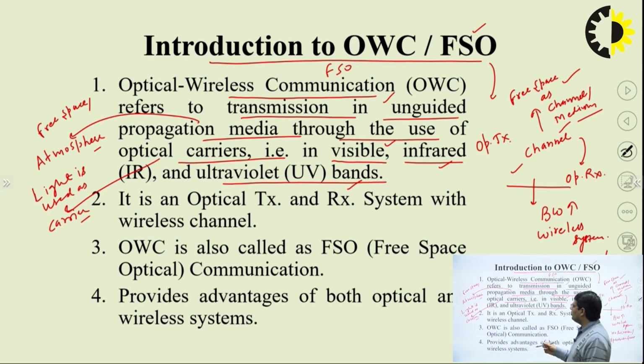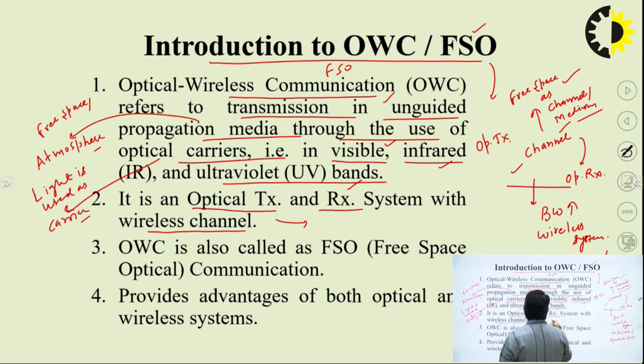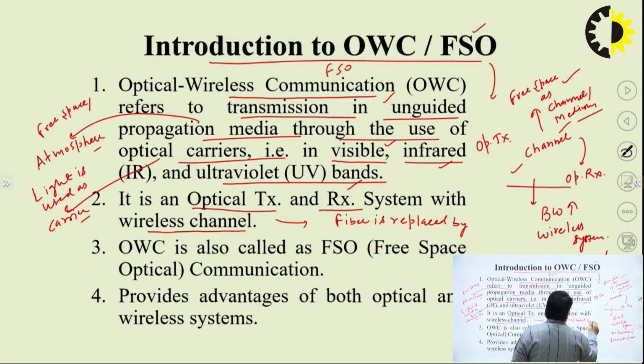Another point about the optical wireless communication system is that we will use an optical transmitter and optical receiver along with a wireless channel, that is, the fiber is replaced by free space.